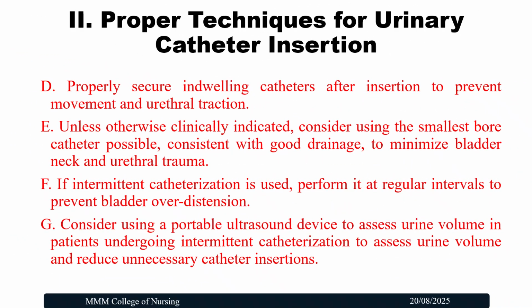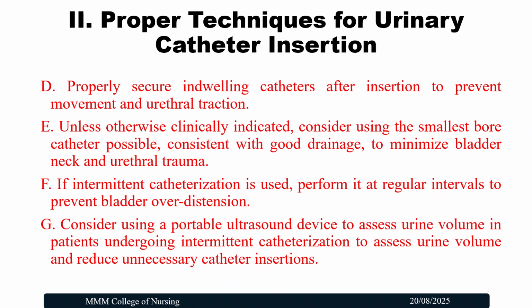Then properly secure the indwelling catheter after insertion to prevent movement and urethral traction. Then, unless otherwise clinically indicated, consider using the smallest bore catheter if possible, consistent with good drainage and to minimize bladder neck and urethral trauma.